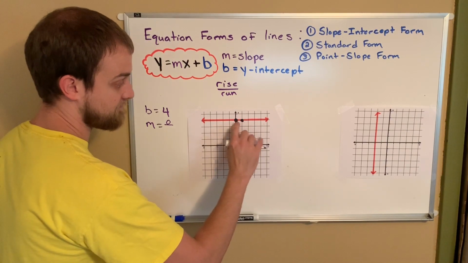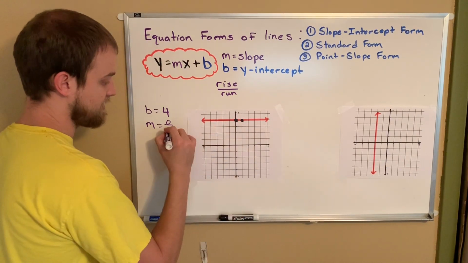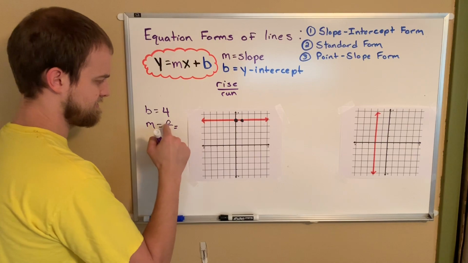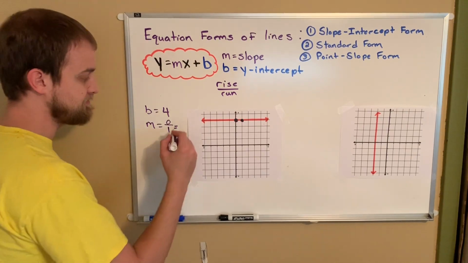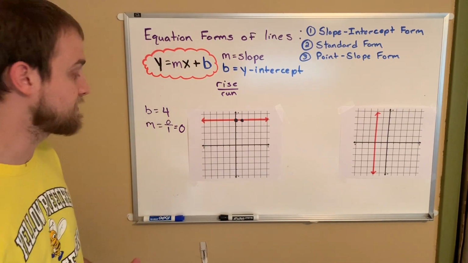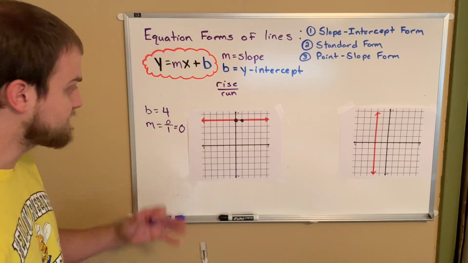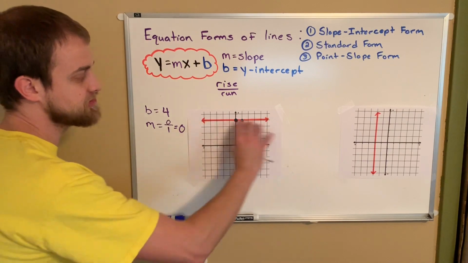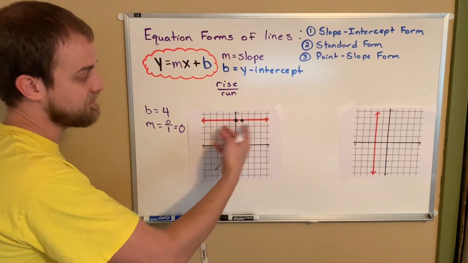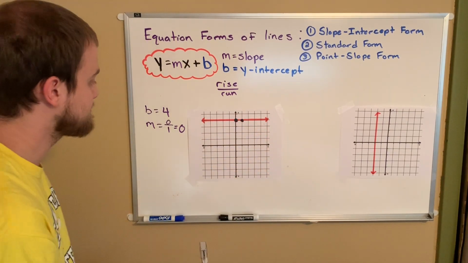Over, how far did I run? Well, just 1. If I have a numerator of 0, that means I have the whole number 0. So technically speaking, we could go either route with this. We could take the more step-by-step approach, or just use our intuition and say, hey, this is a flat line, so it has to have 0 slope.